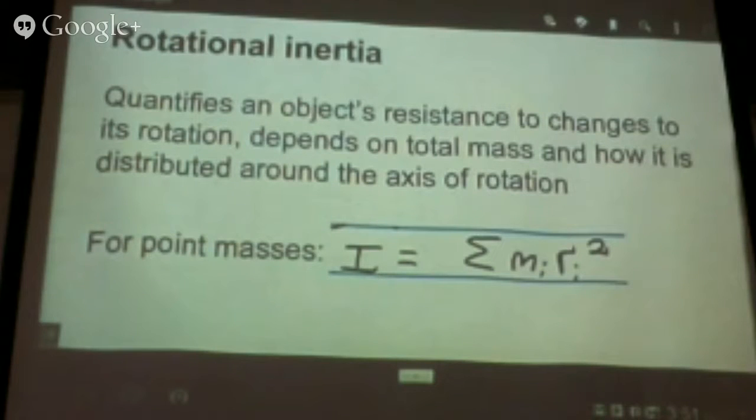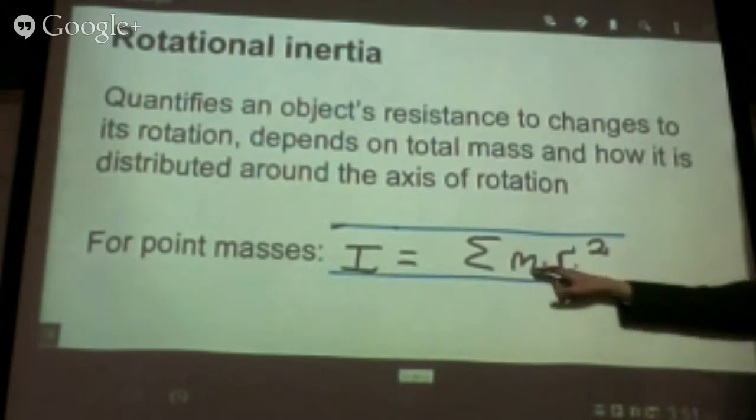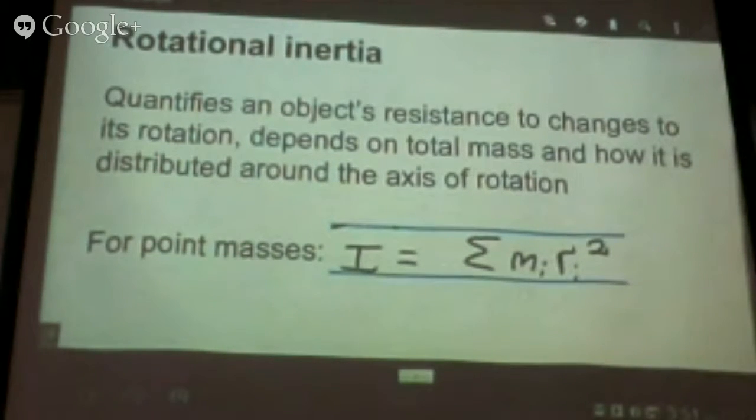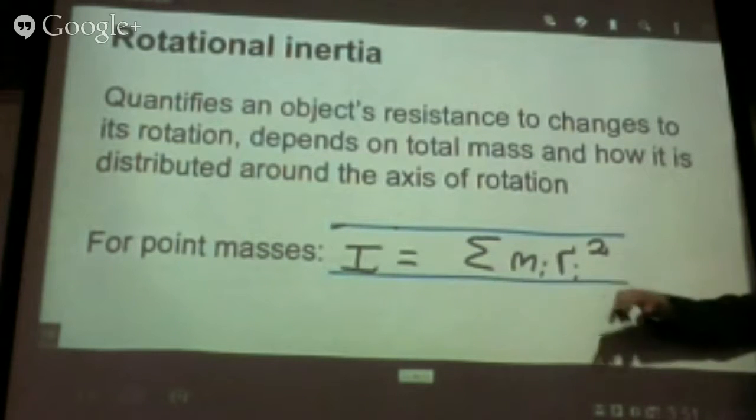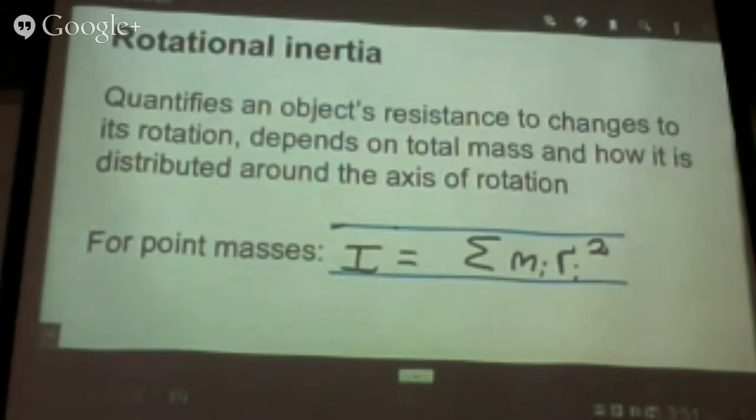So I think we had 1 kilogram masses on that meter stick. If we ignore the mass of the meter stick, we'd have 1 kilogram times 0.5 meters squared. And then there's another one on the other side, so another 1 kilogram times 0.5 meters squared. And so that's going to give us 0.25 kilogram meters squared for each one. Add them together and we get 0.5 kilogram meters squared for our total.